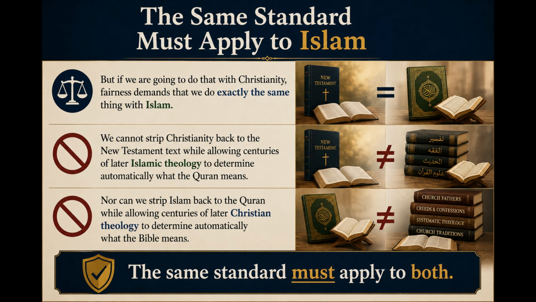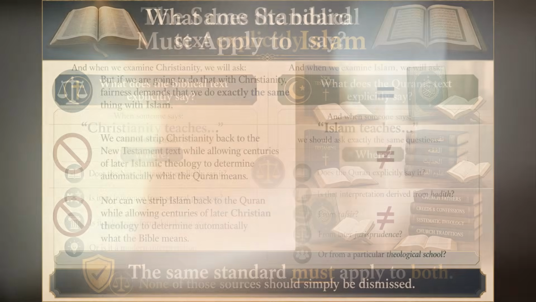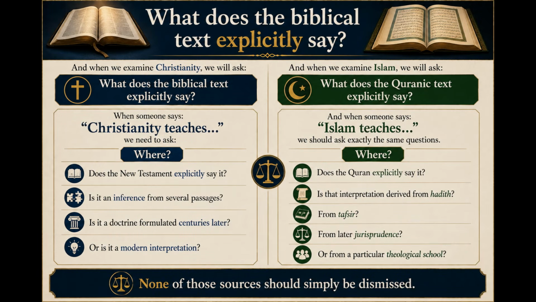The same standard must apply to both. So when we examine Christianity, we will ask, what does the biblical text explicitly say? And when we examine Islam, we will ask, what does the Quranic text explicitly say? Then we will distinguish that from what later Christians and Muslims concluded about those texts.